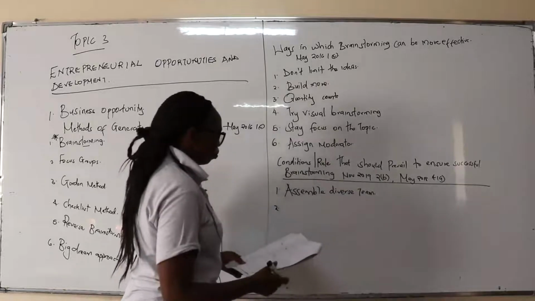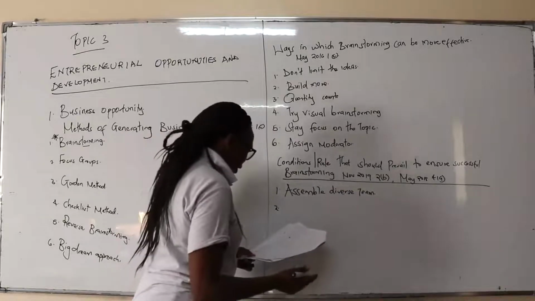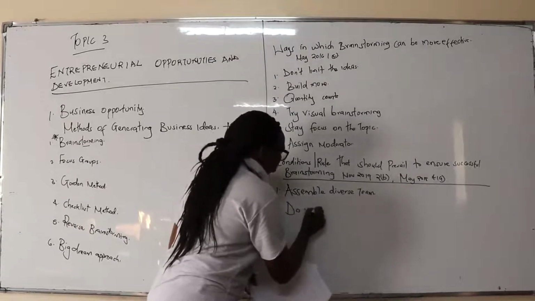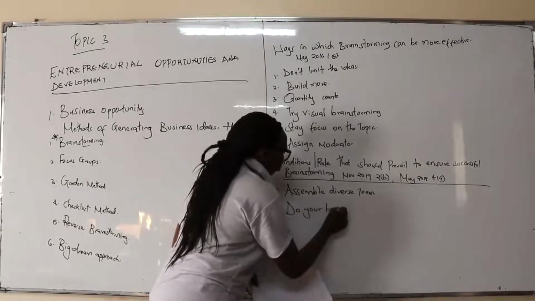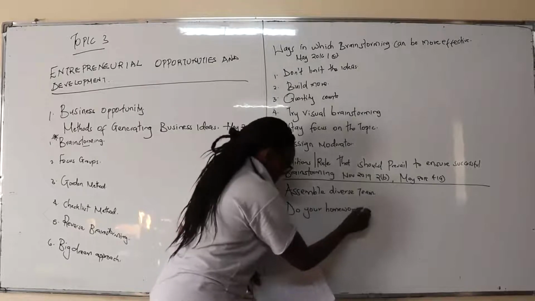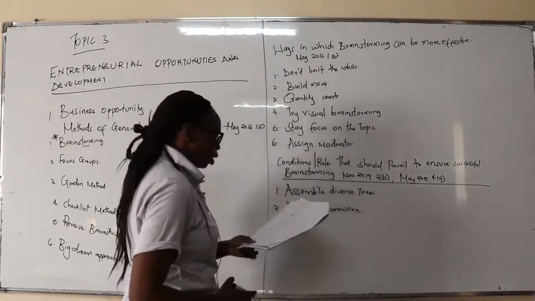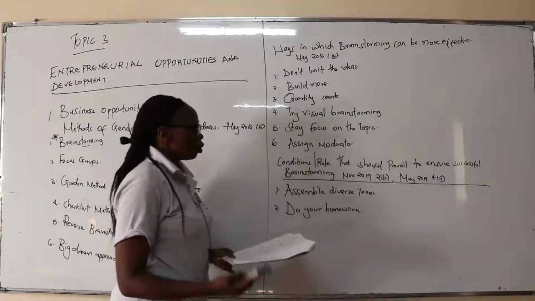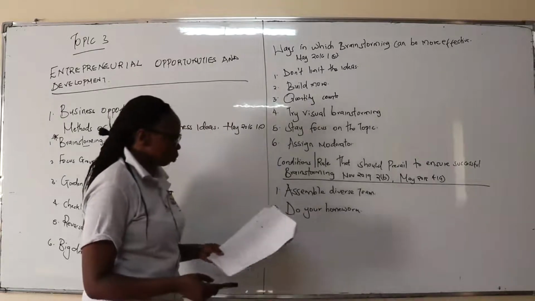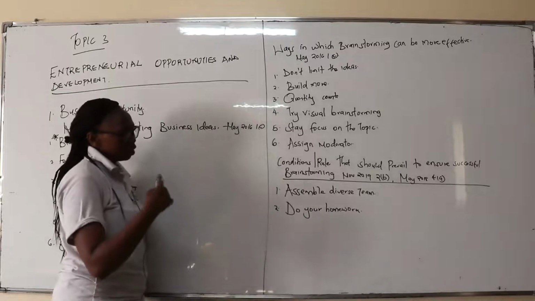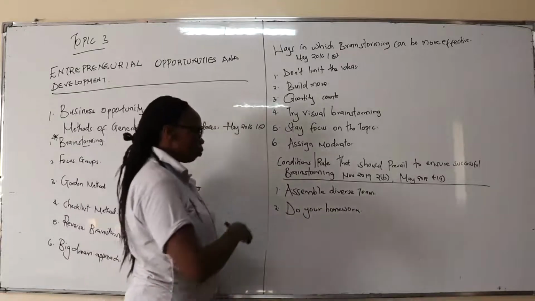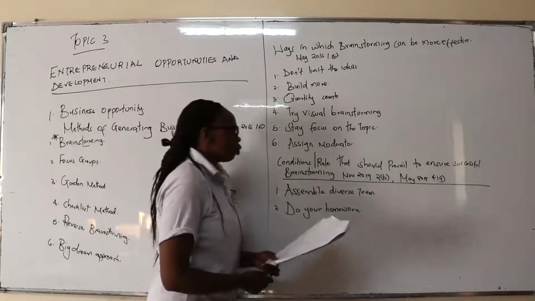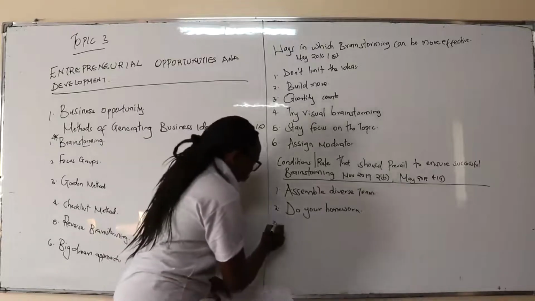Another way of making it successful is to do your homework. When I say that you do your homework, this is whereby brainstorming usually gets better when you prepare before the starting of the brainstorming. If you prepare before, it means that you will have more ideas and you can contribute more.